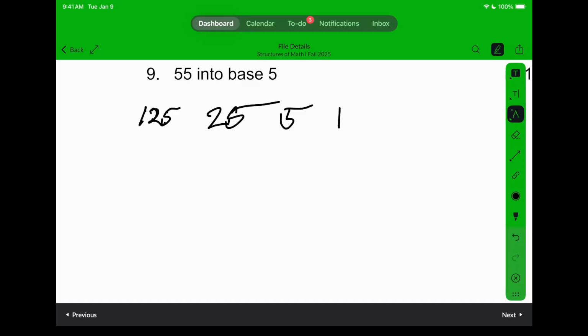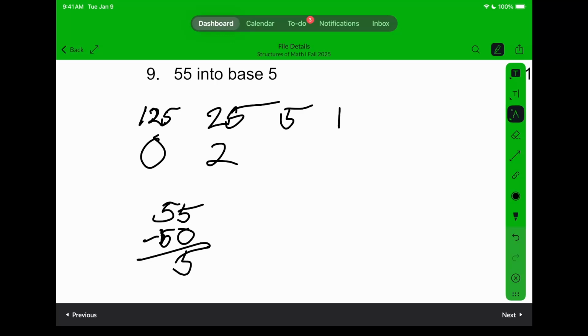So we already know 125 is too big. We have none of this. But then it's kind of like division. How many times can 25 go into 55 essentially? That'd be 2, because 25 plus 25 equals 50. Then our number is 55, so 55 minus the 50 from the 2 flats gives us 5.